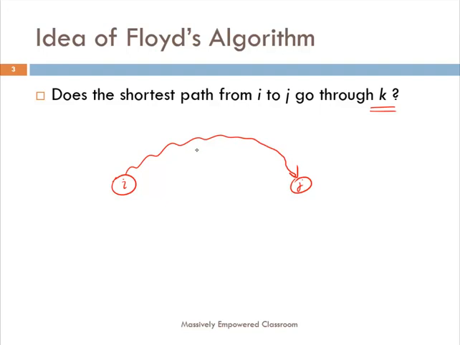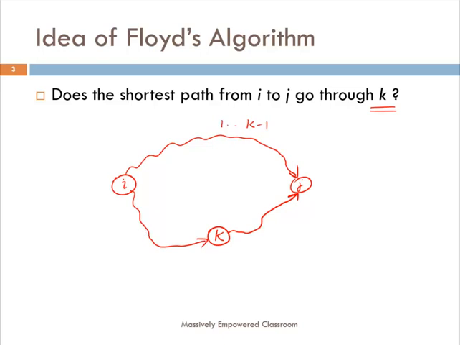Now those other nodes are all the nodes from 1 to k minus 1, or it may actually go through the node numbered k. In this case, there will be some shortest path from i to k and another shortest path from k to j. Why should these be shortest paths? Because otherwise the principle of optimality will not apply.